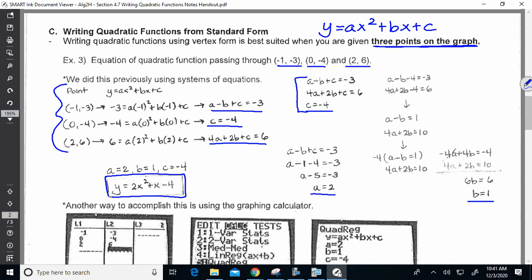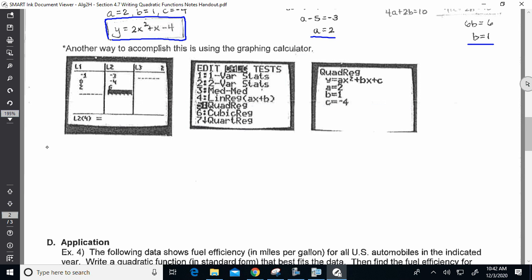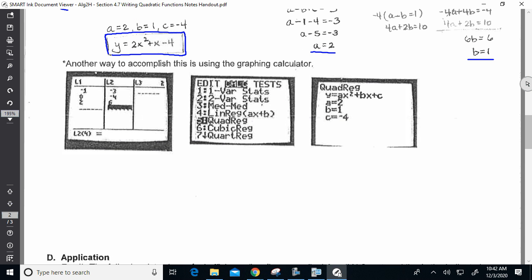But there's a simpler way to solve this problem using the graphing calculator. So we are going to do this same problem, but with the graphing calculator. Go ahead and take a moment. If you need to pull your graphing calculator out, please make sure you do that.